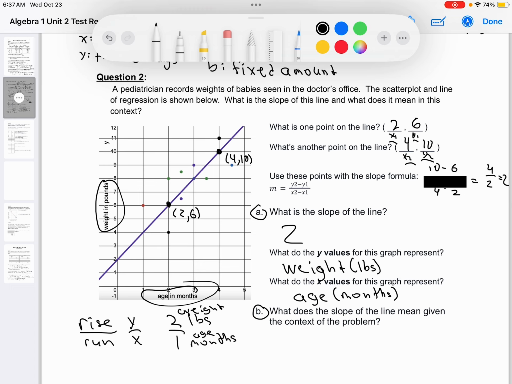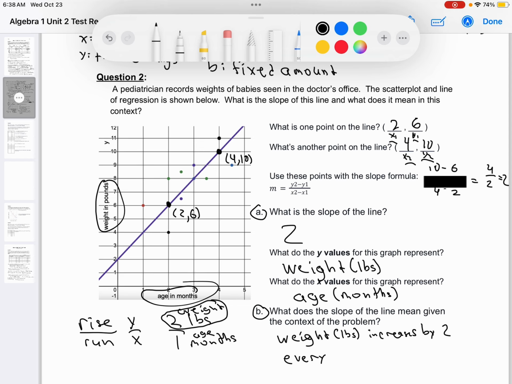So what this means is that the weight in pounds increases by 2, right? This is the weight in pounds increasing by 2 on top.